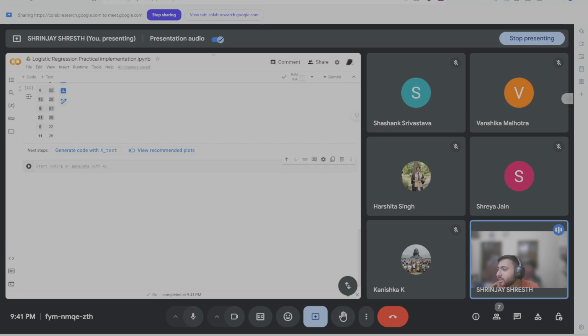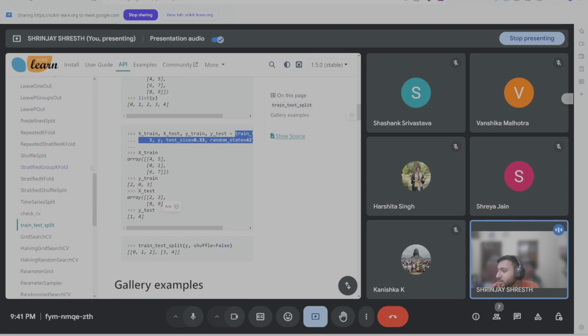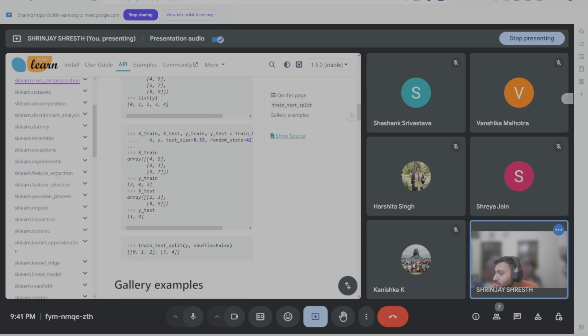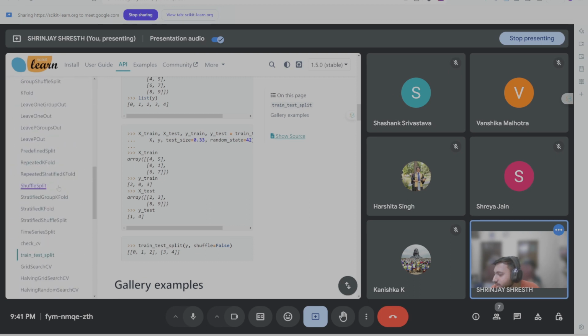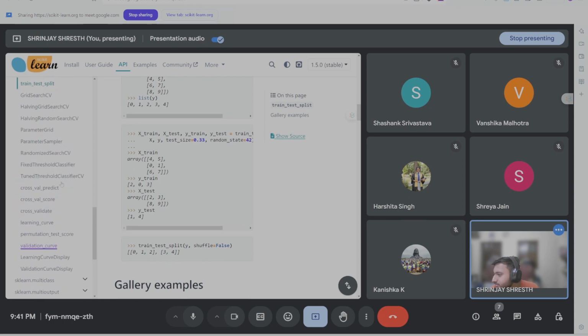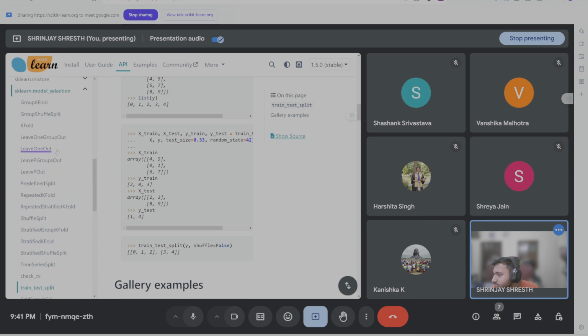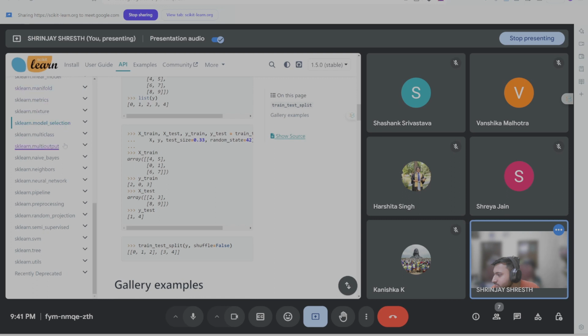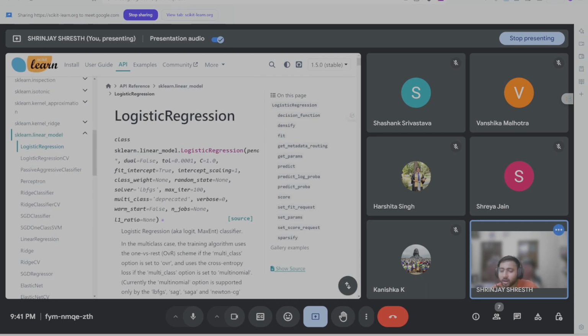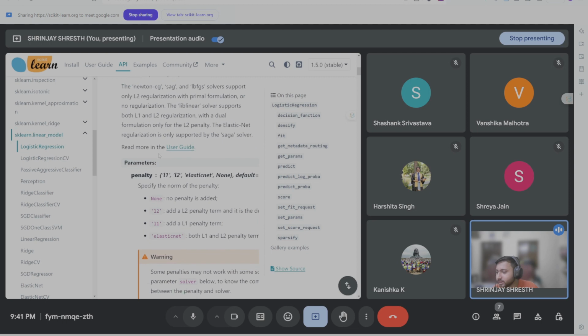import logistic regression. If I could share this screen, you can go here. There is a linear model, you may go to this logistic regression, and now you are good to implement it.